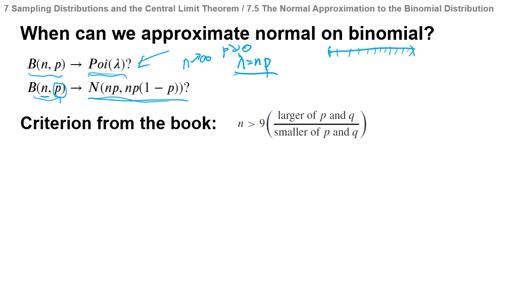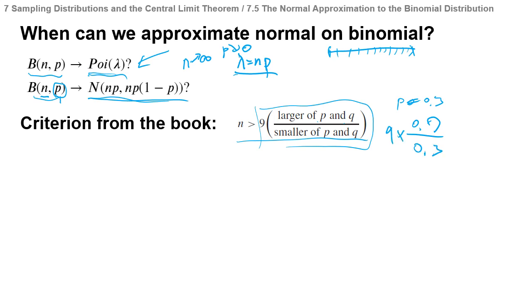In the textbook, the suggested criterion is something like this. If n is larger than this quantity, then we can probably approximate the binomial with the normal distribution. So if p is 0.3, then the larger of p and q is 0.7, the smaller of p and q is 0.3, times 9.